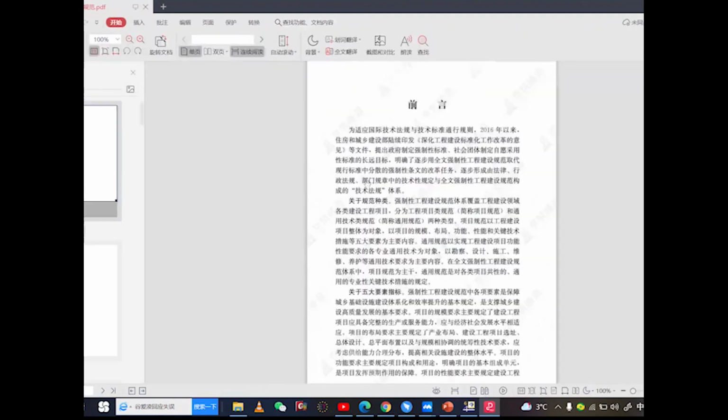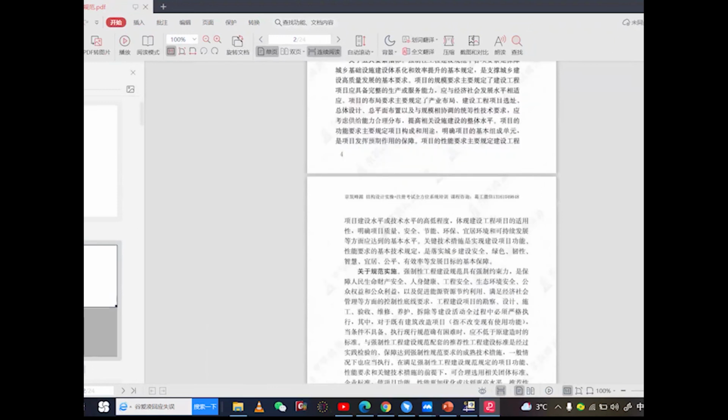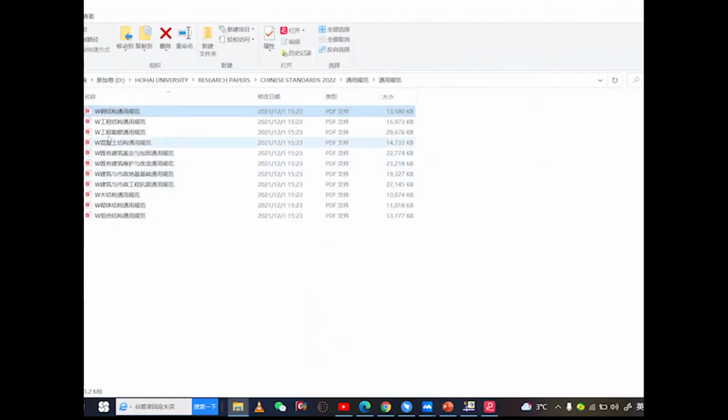Yes, this is one of the Chinese codes for the steel structure design, and we have this one also for construction, this one for reinforced concrete, this one for timber structure, this one for masonry structure, and this one for composite structure, beam, steel and reinforced concrete.